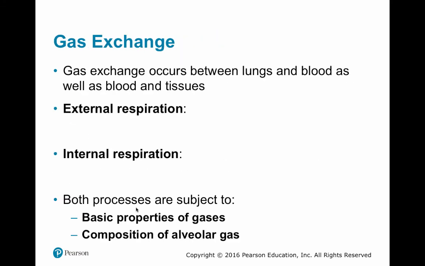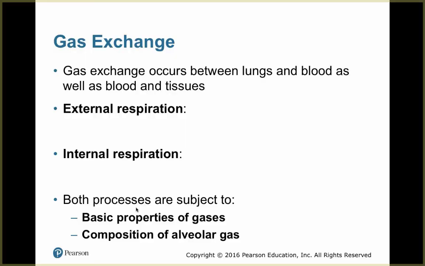Gas exchange, when we're talking about this breathing, it's important because we're talking about how much gas we can exchange between the lung and the blood, because that's our ultimate purpose here, right? And so when we're talking about external respiration, we're talking about the diffusion of gas between the blood and the lungs.